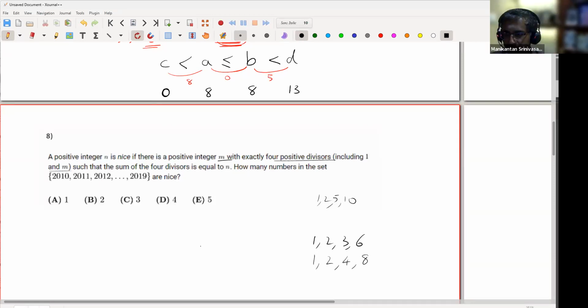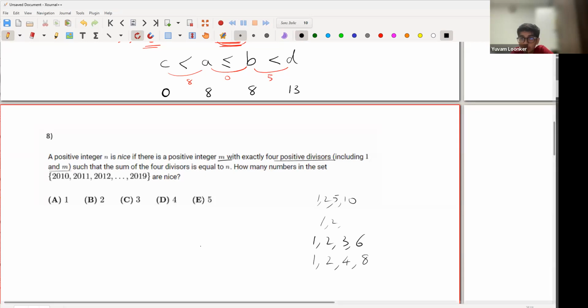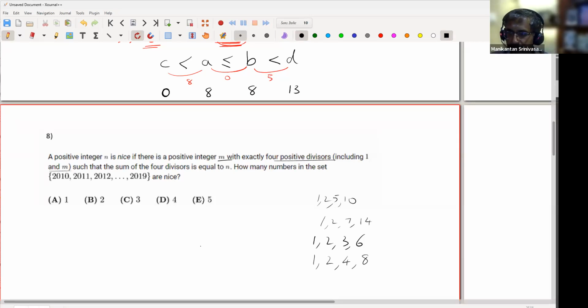Think about prime factorization, guys. When will there be 4 factors for a number m? 14, yeah, again you're giving me examples. I'm fine with examples. What will be the property of a number which will have 1, 2, and the number itself, and then half the number? Does it have to have 1, 2?